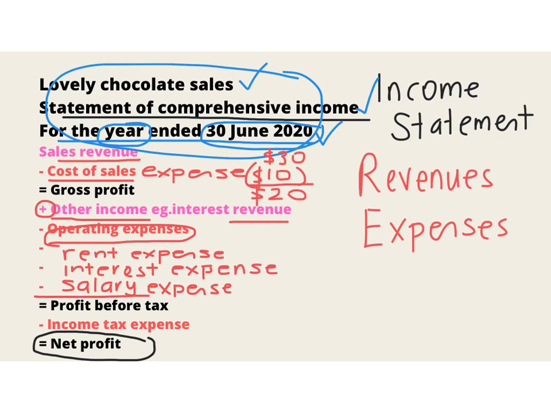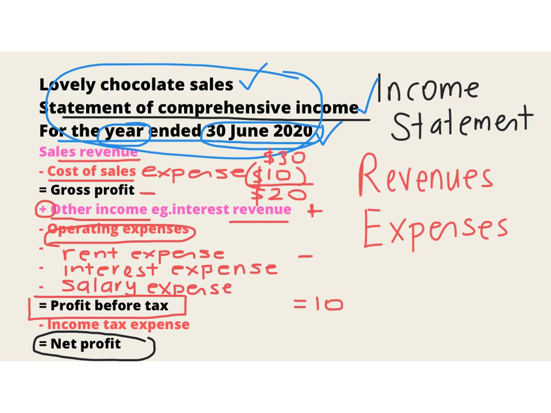And then you calculate the profit before tax. The profit before tax is your gross profit plus your other income, and you minus all those expenses, and that equals your profit before tax. Right at the end, we have one more expense called the income tax expense. This expense is calculated based on how much profit you have earned.